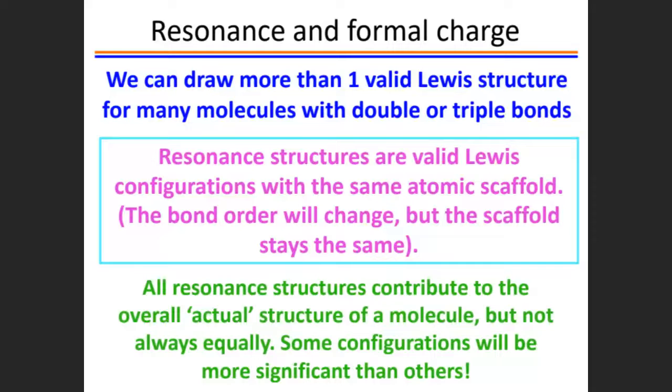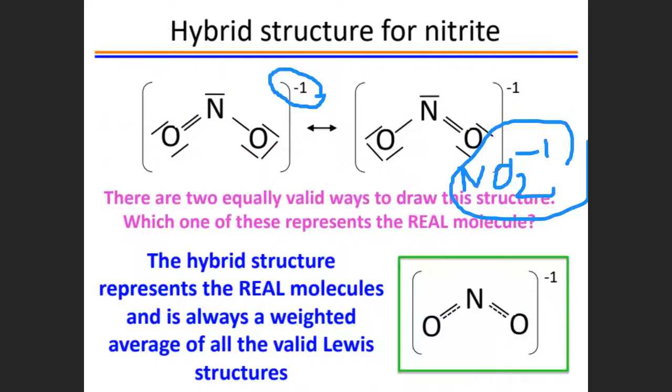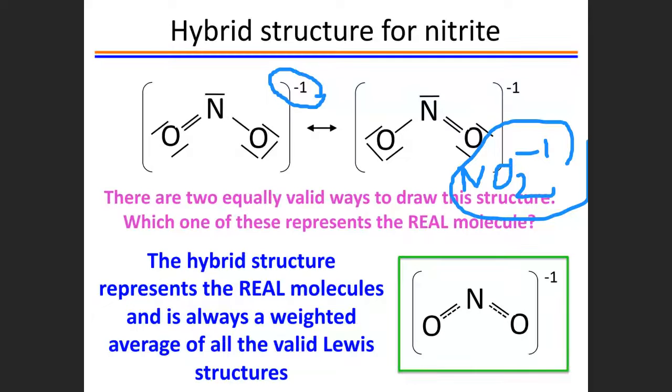The NO2 is the same, but there is just one difference: in one Lewis structure the left oxygen makes a double bond with the nitrogen, and in the other the right oxygen makes the bond. So electrons can be shared on either side. This is possible; this is resonance. But if you look at the chemical structure or atomic scaffold, these two are the same, NO2, correct?